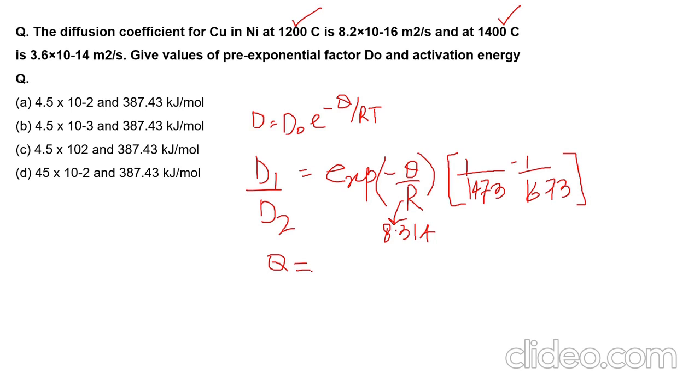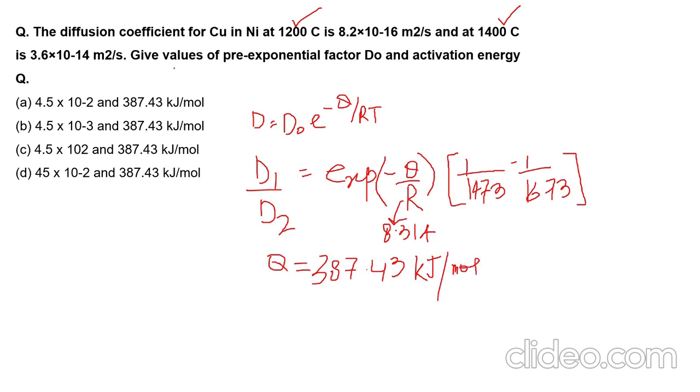Have we any answer for this, the value of Q? So this is the value of our Q, which is 387.43 kilojoules per mole.